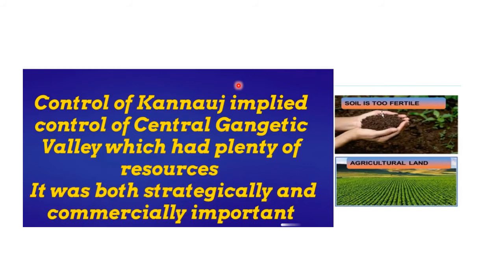Commercially, it had plenty, because it was on the river Ganga. There was fertile soil, agriculture was good, plenty of resources, and it was very commercially important. So there were lots of trade benefits, and anyone who controlled Kannauj would see his country flourish and become very prosperous.